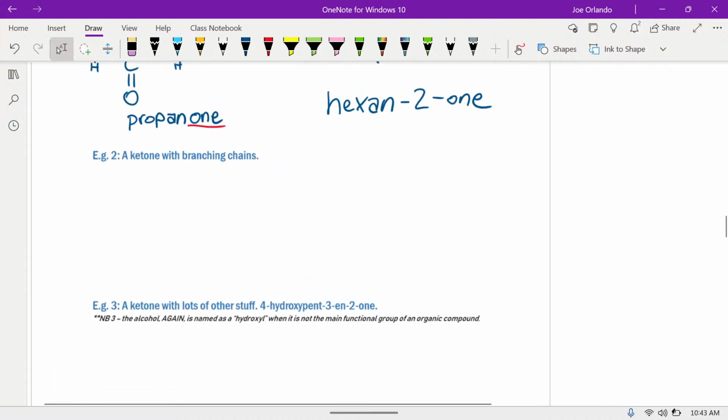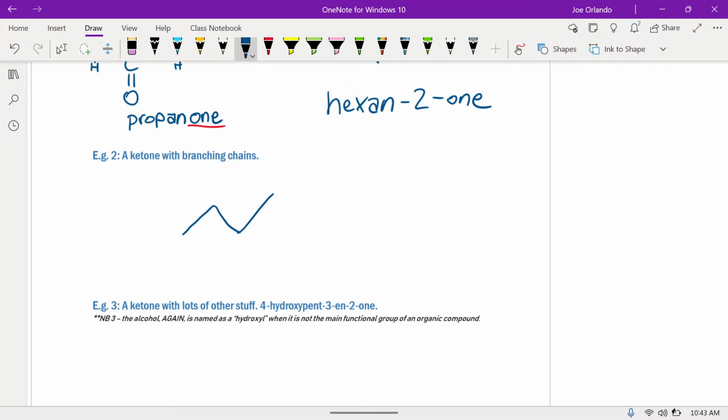We're doing all right. A ketone with branching chains, just to give an example. Let's put, I don't know, let's put a methyl group there. Let's put an ethyl group here, and let's put our ketone there. All right, name that.